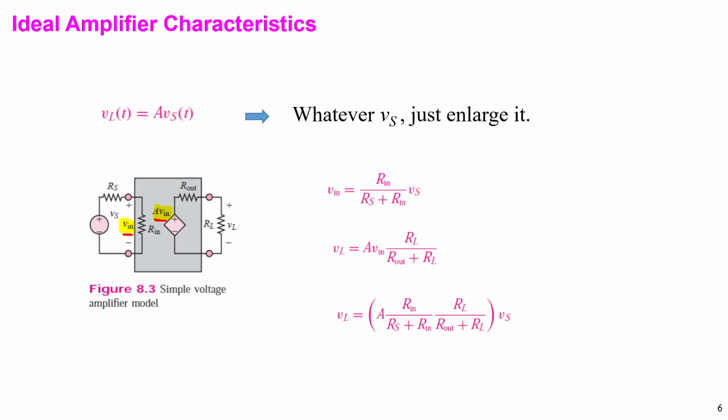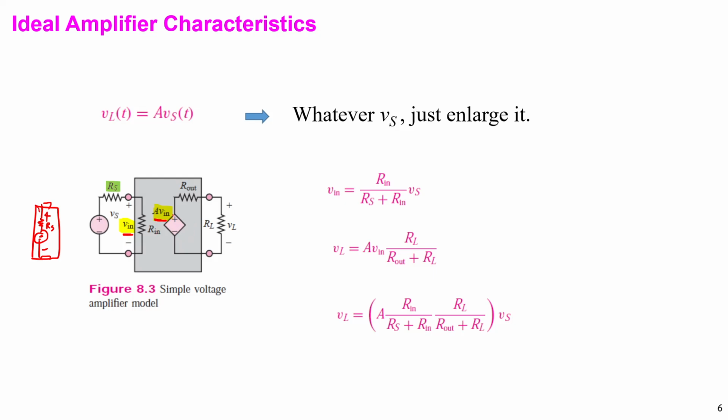But in the practical characteristic, when we supply V in, we may have internal resistance of the source, the source resistance. For example, if this is a battery, the battery inside may have internal resistance like this, RS. The RS will affect V in, right?